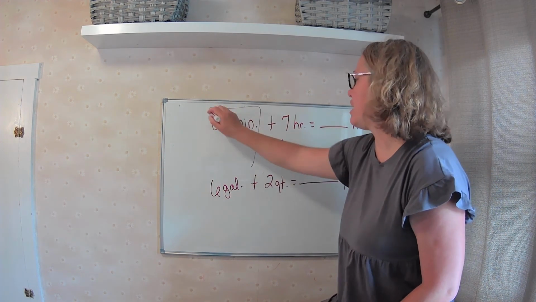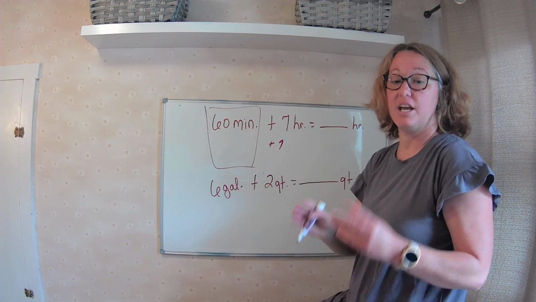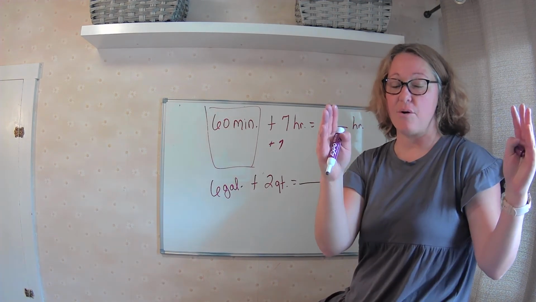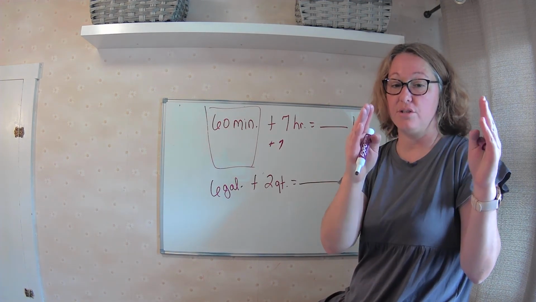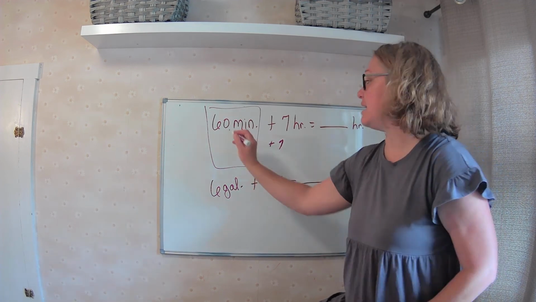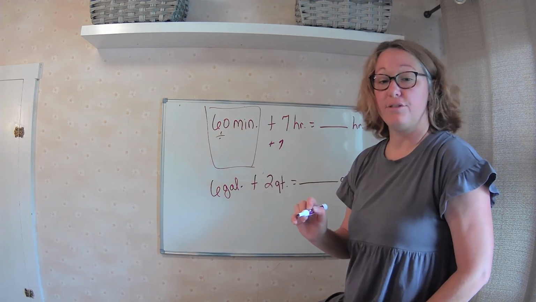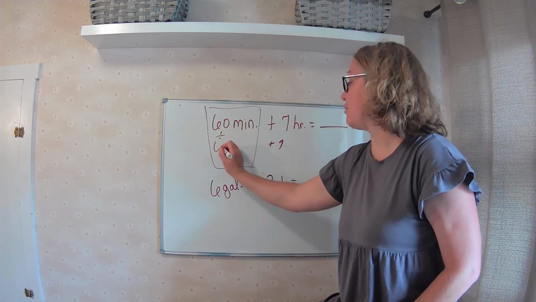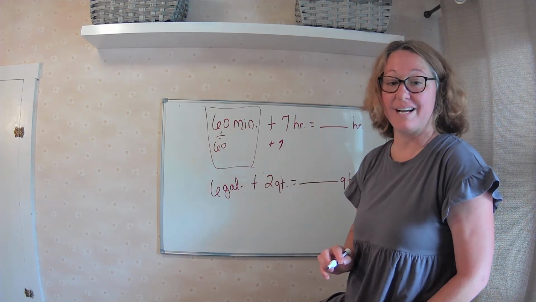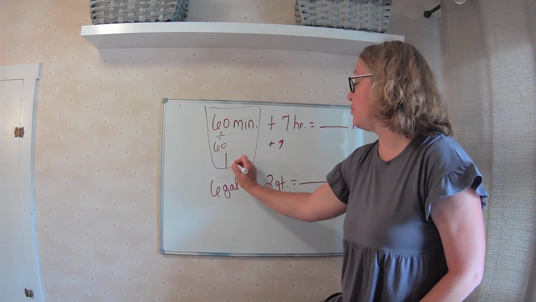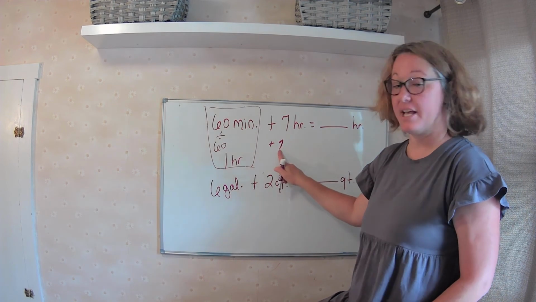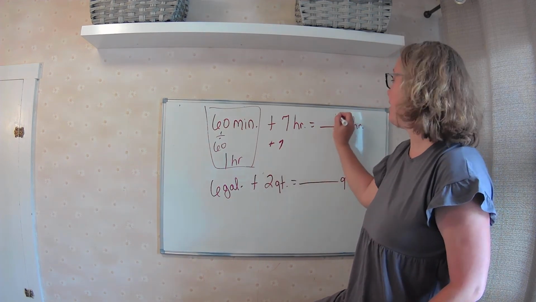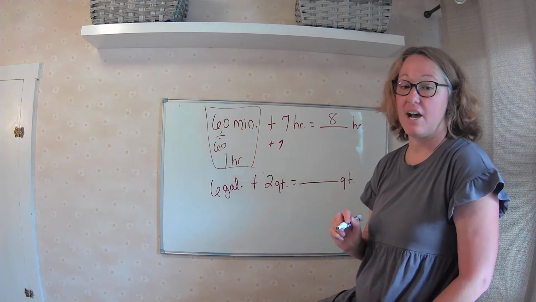So draw a box around what you're converting. And you're going minutes to hours, which is small to large. We're going to divide. Well, there's 60 minutes in an hour. So that's going to be 60 divided by 60, which gives me 1 hour plus the 7 hours. My final answer is 8 hours.